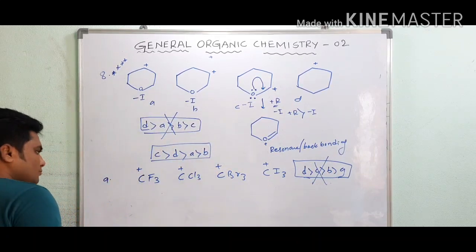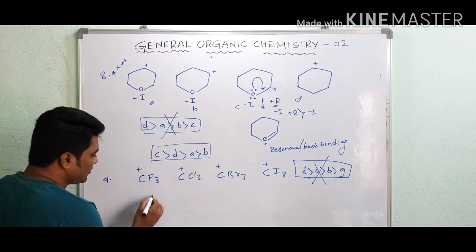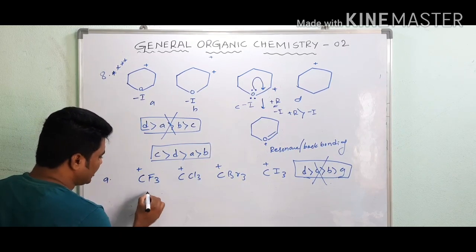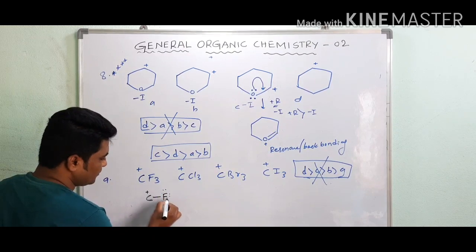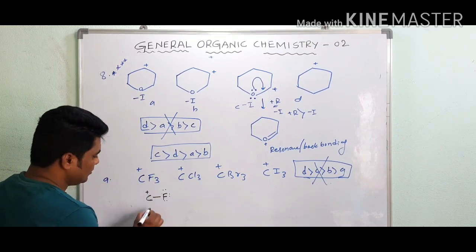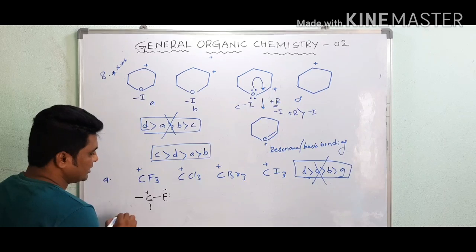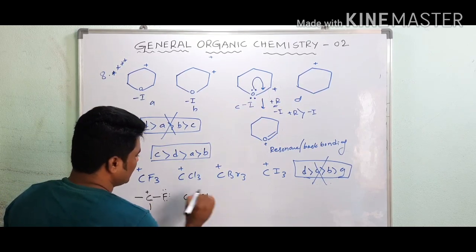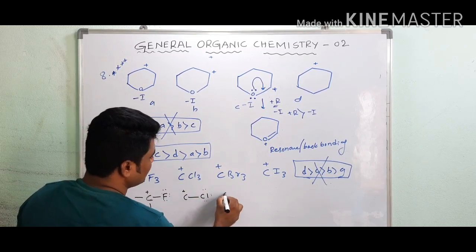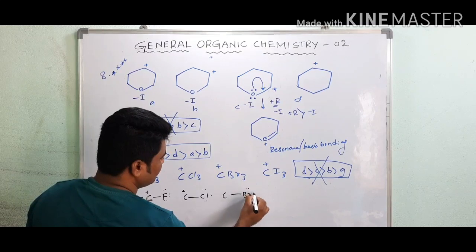How? See, here also a lone pair is just adjacent to the carbocation. See, fluorine has 3 lone pairs. Are you getting my point? I am not writing it here, but fluorine is there, I am writing only one fluorine. See, here also a chlorine lone pair is there. Here also a lone pair is there.